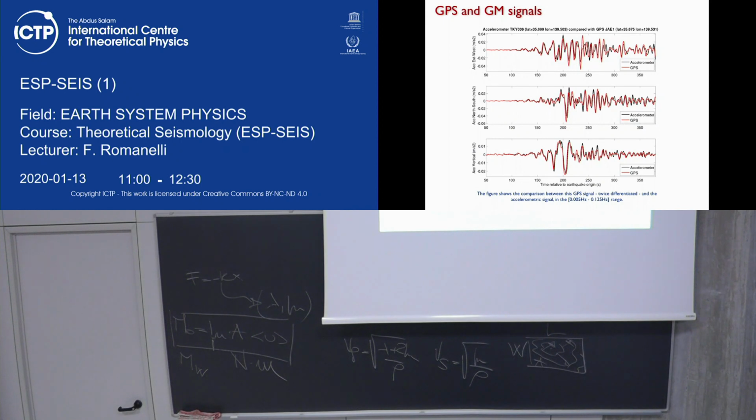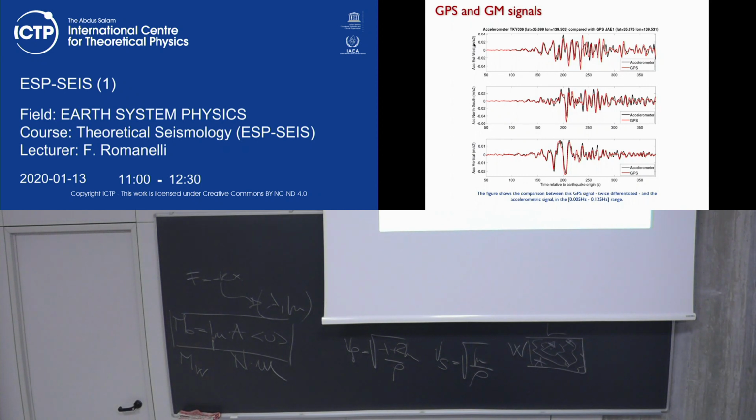That's displacement. No, it's acceleration, sorry. You can notice from the units here. My message here is that nowadays the sampling rate of GPS is so fast, is so short, that you can compare it with a seismometer.